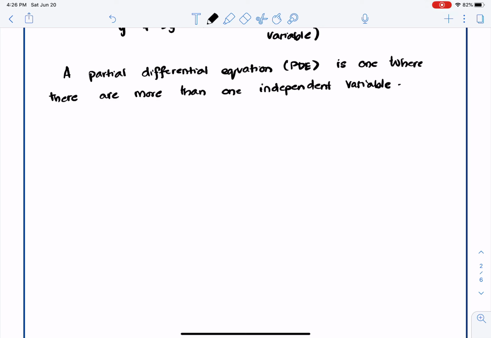So, in contrast to an ordinary differential equation, a partial differential equation would have more than one independent variable.